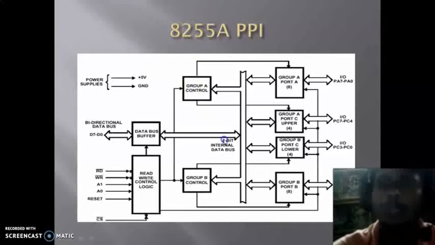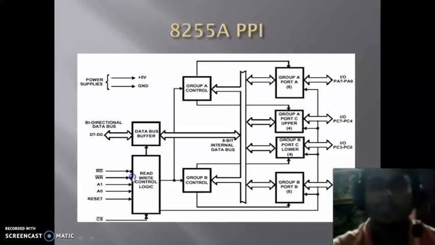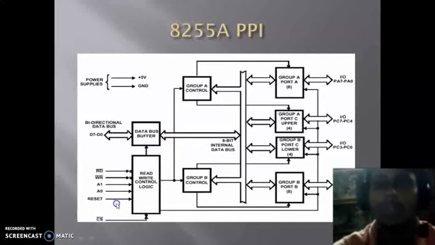Now in this read-write control signal, we are seeing that the read and write control signals are used to read and write data from any device or into a device. And here we have a reset signal by which the 8255A can be reset. Here we have a chip select line by which 8255A can be activated.